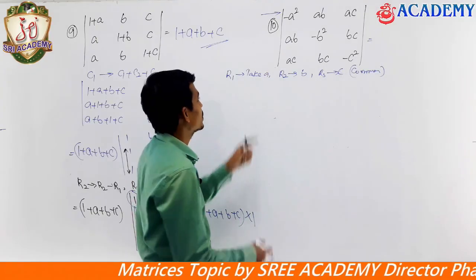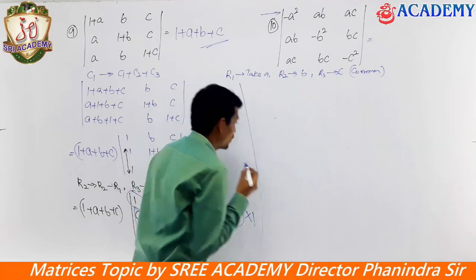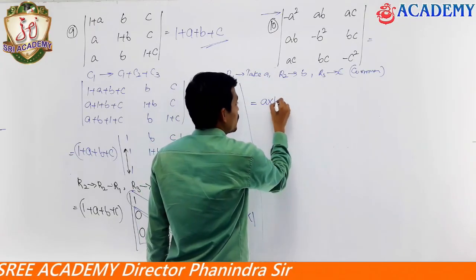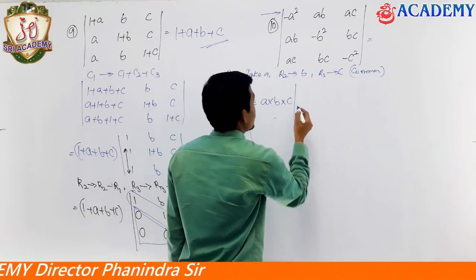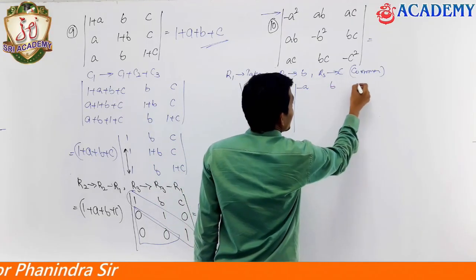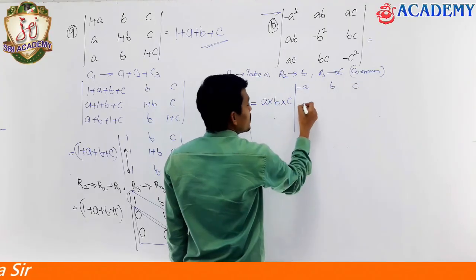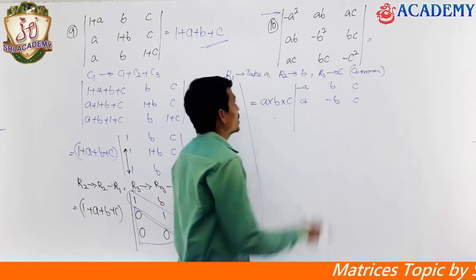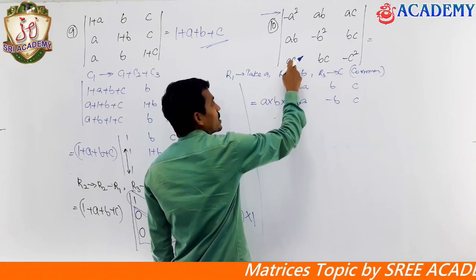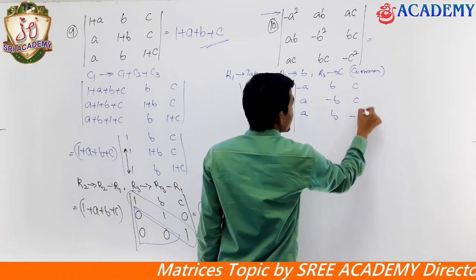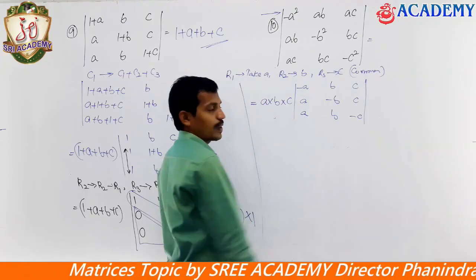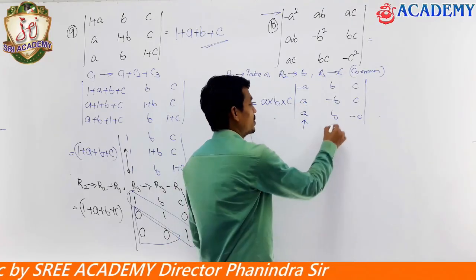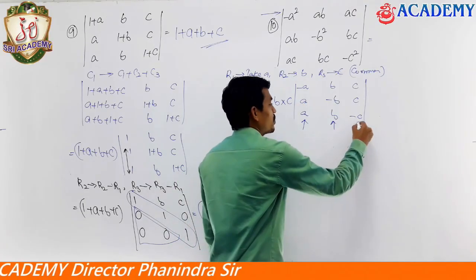The answer is going to be A, B, C times the determinant with row 1 as minus A, B, C; row 2 as A, minus B, C; and row 3 as A, B, minus C. Once again, from column number 1 take A common, from column 2 take B common, from column 3 take C common.